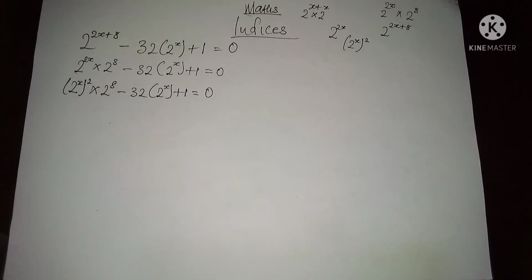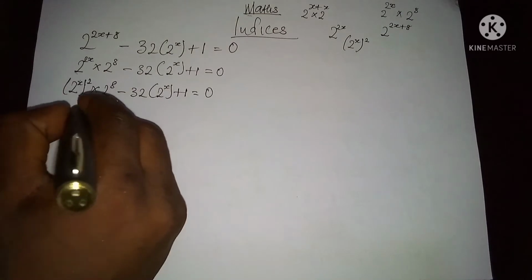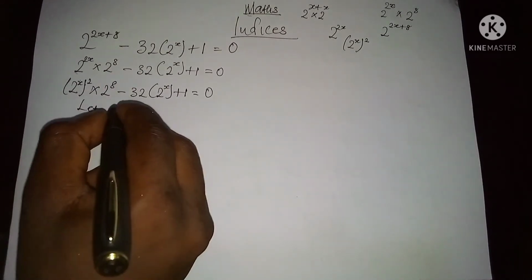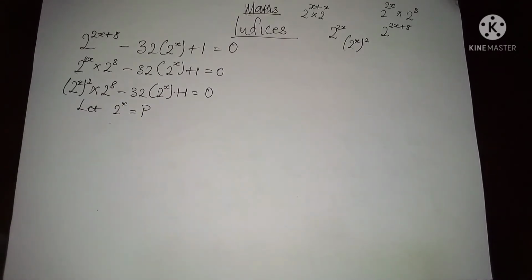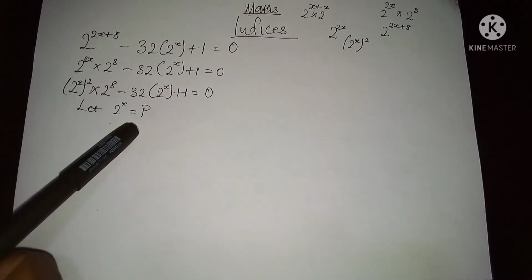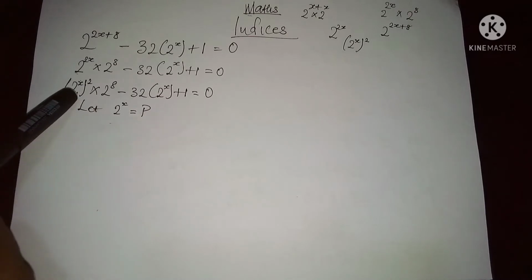Now let 2 to the power of x be equal to p. So anywhere I see 2 to the power of x, I will substitute p for 2 to the power of x.